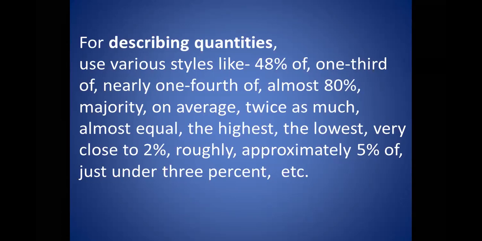Like this, we can present the highest or the lowest, very close to 2%, roughly approximately 5% of, just under 3%, etc. Like this, you can mention in your paragraph, but that is totally related to the facts and figures provided in the question, right, everyone?